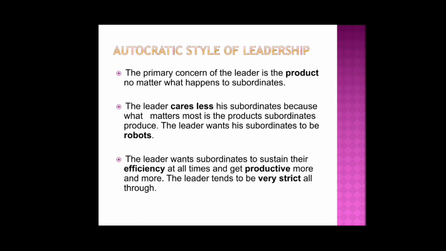This leader only thinks about their business and about the money. The leader only wants his subordinates to be like robots, just doing a job, to sustain their efficiency at all times and be more and more productive. They tend to be very strict all throughout.